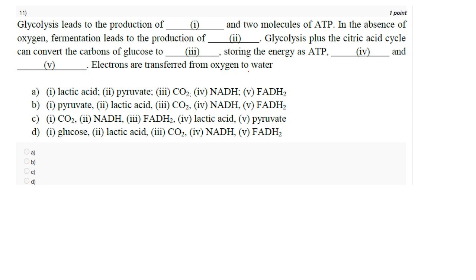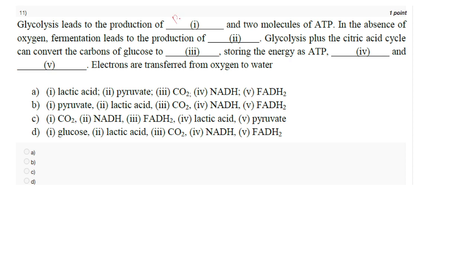Option B is the correct answer. Option B: pyruvate, lactic acid, CO2, NADH, FADH2. Let's fill here and see how it fits. Glycolysis leads to the production of pyruvate. This is option B, right?